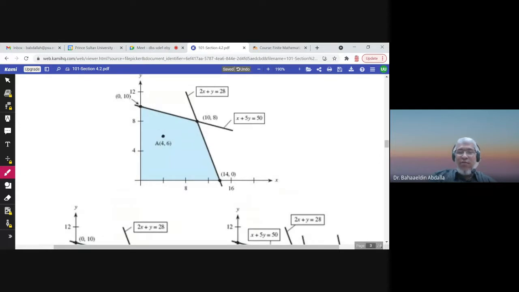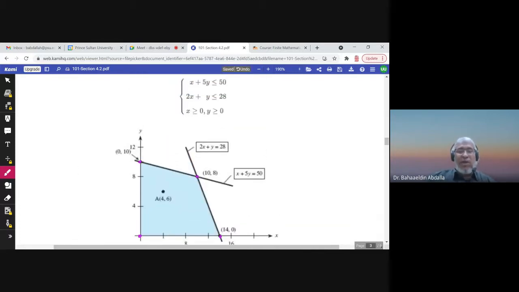Of course, we know now that the maximum will happen at the corner points. These are the 4 corner points, 1, 2, 3, 4. So we can make a table, corner point. So we have (0, 0). We have (0, 10), (10, 8), and (14, 0).